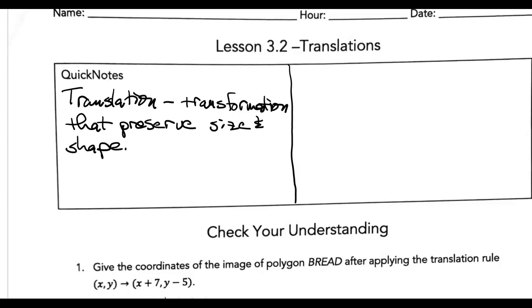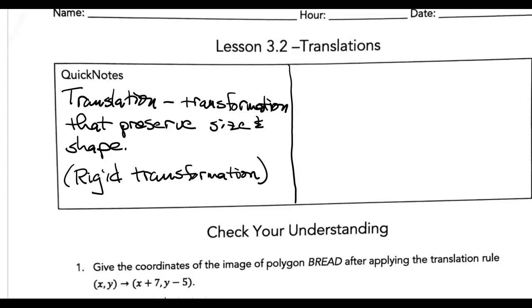Okay, so we're going to move it, but it doesn't change size, it doesn't change shape, and we call this a rigid transformation. Okay, rigid meaning that we're not changing anything about it except for its position on our plane. Plane being just a flat surface.